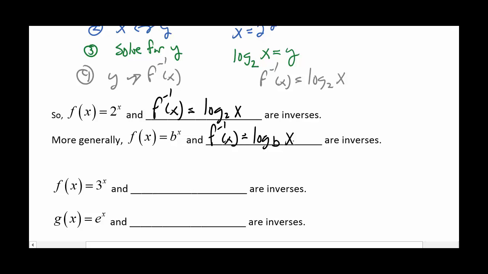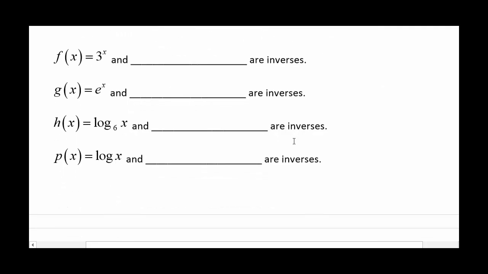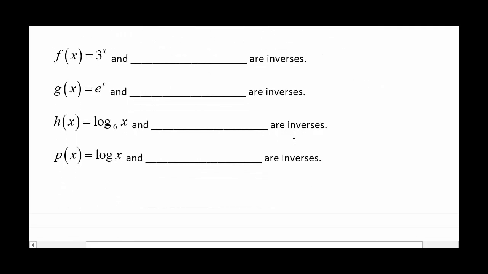Okay, so let's put some numbers together. If I have 3 to the x, what would the inverse of 3 to the x look like? That would look like log base 3 of x. E to the x, that would be the inverse of g, would be log base e of x.